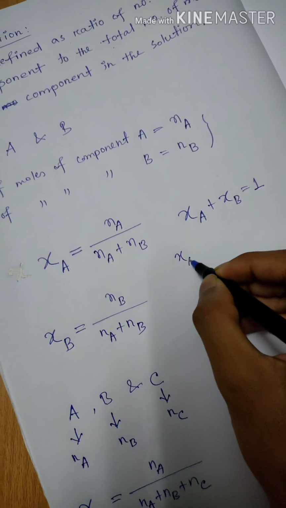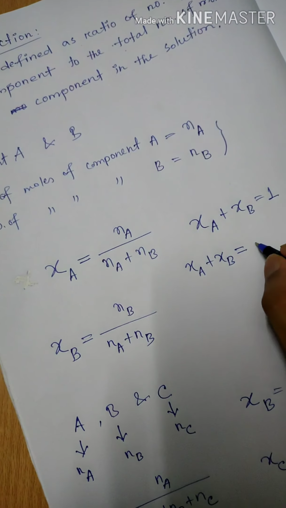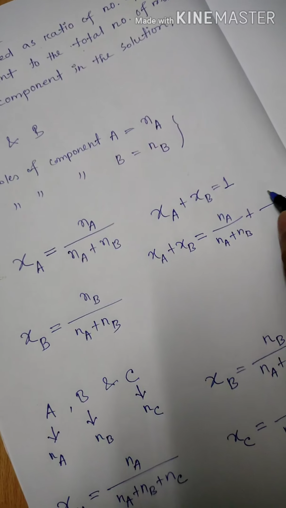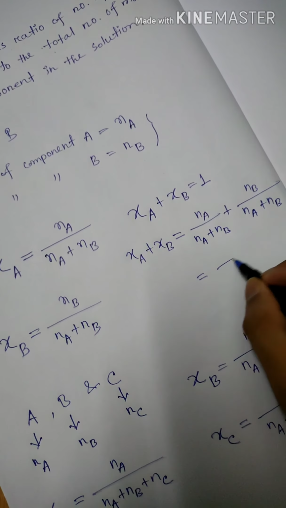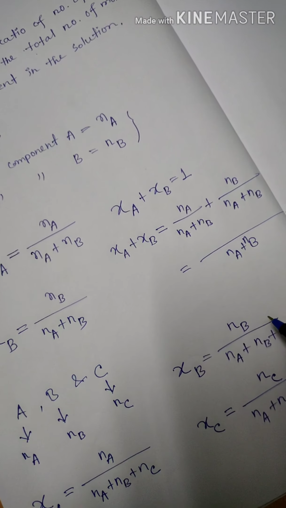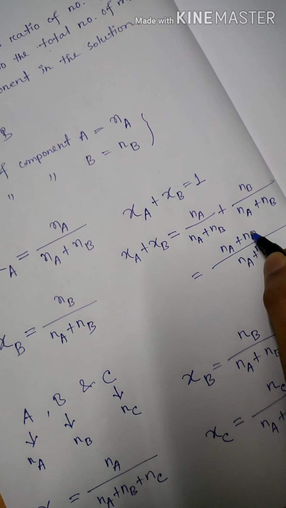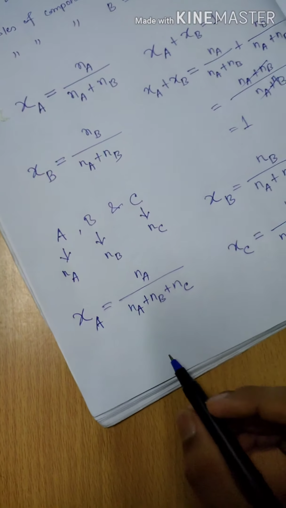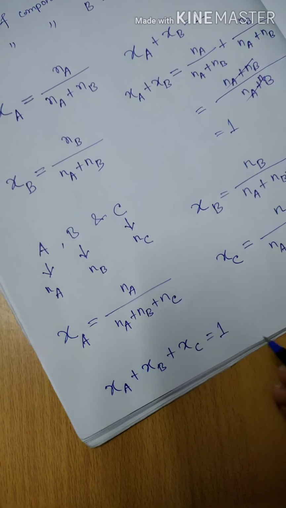So xi A plus xi B equals 1. Similarly, in the case of three components, xi A plus xi B plus xi C will also be 1.